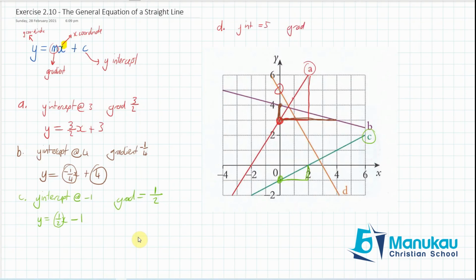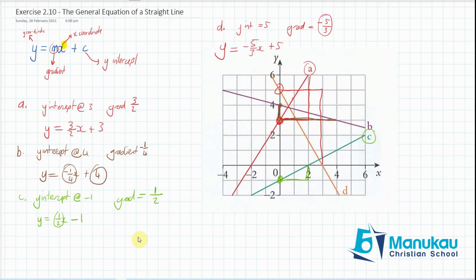Gradient is a negative gradient. I'm going to use this triangle here. I'm going to go across 3, and I'm going to go down 5. So the change in y is negative 5, and the change in x is we've gone across 3, so down 5 across 3, so that's our gradient. So we'd write that as y is equal to negative 5/3 x plus 5.